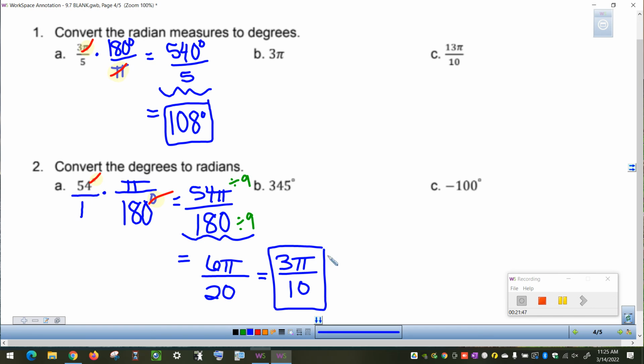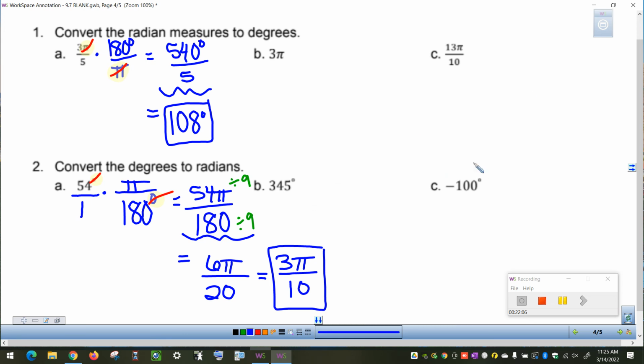It might take you a couple steps, and that's fine, but we're going to leave the pi symbol in our answer. We want exact form, so it really turns into 3 pi over 10.